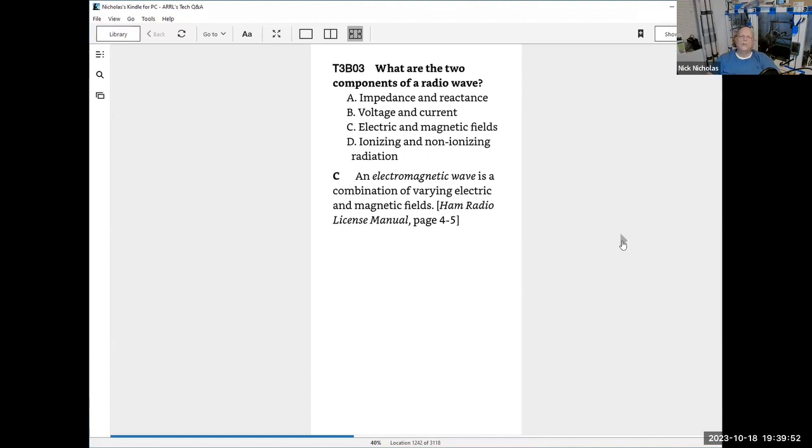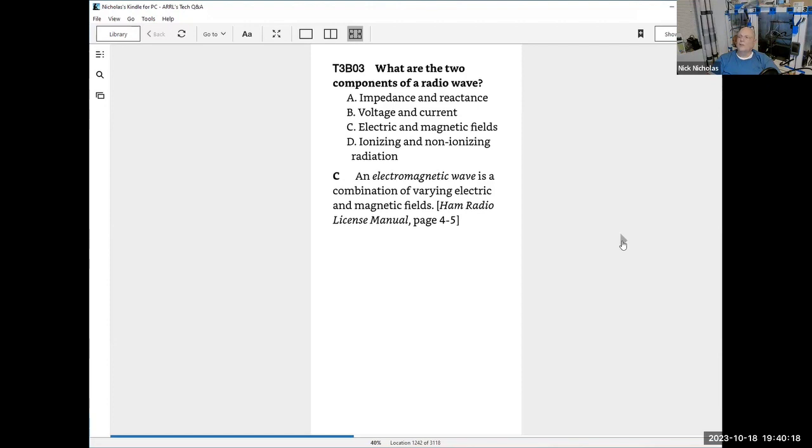What are the two components of a radio wave? The answer here is that a radio wave is an electromagnetic wave. It has electric and magnetic fields. The part that travels through space cannot be the electric field. The electric field is in the wire that generates a magnetic field.